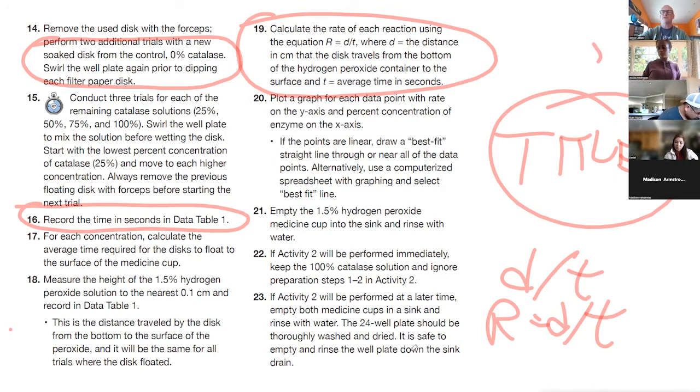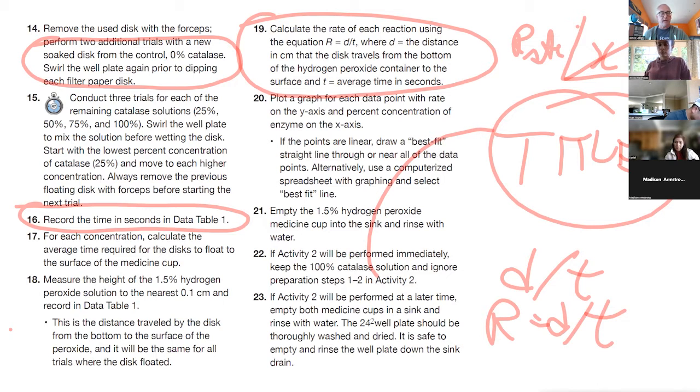I'm sorry, concentration on the x-axis, and the rate on the y-axis. And so we should see the higher the concentration of enzyme, the faster the rate. We should see that. We don't know whether it's going to be linear or what kind of shape that's going to be. That's what you're going to be plotting.